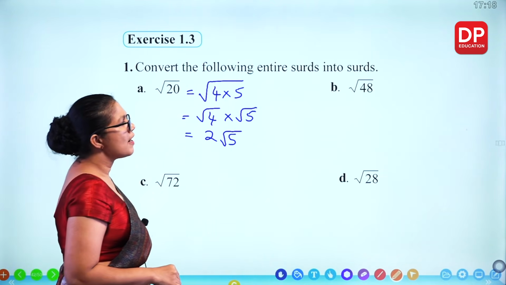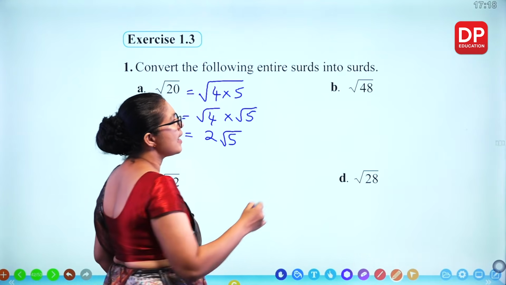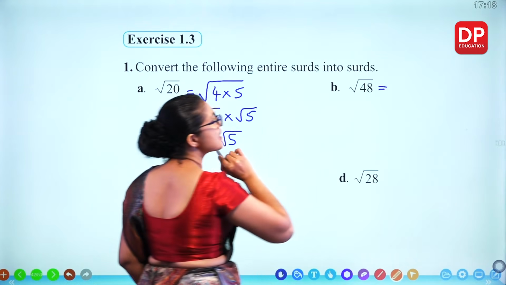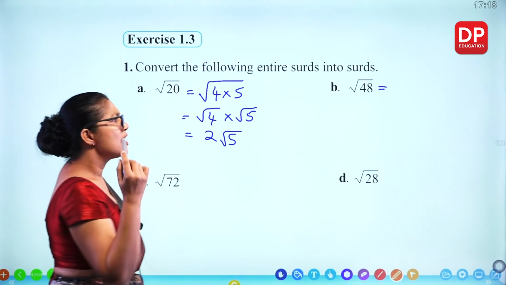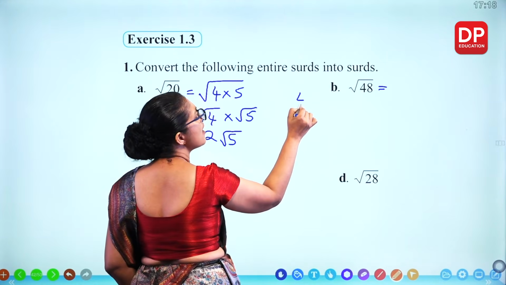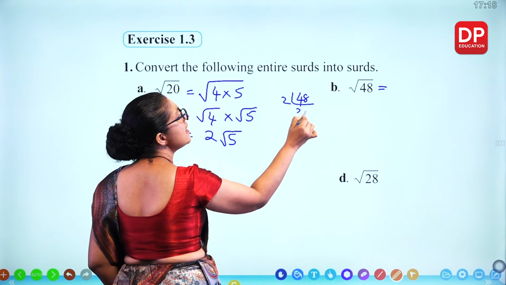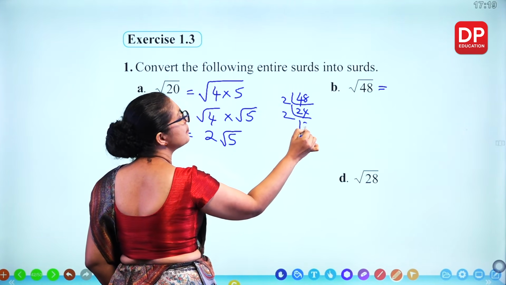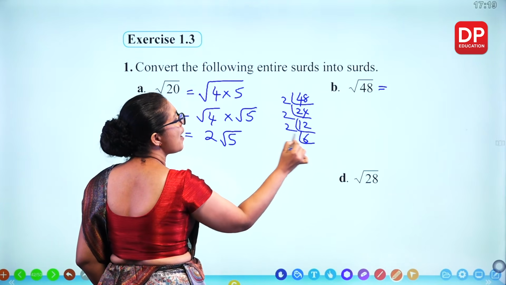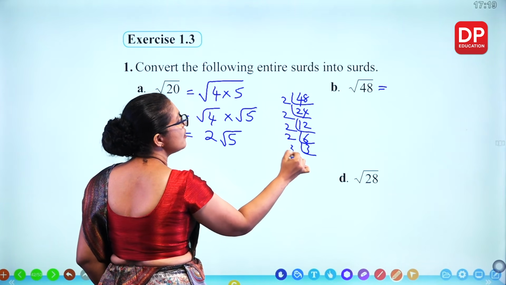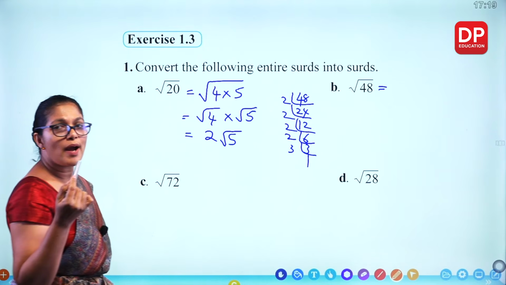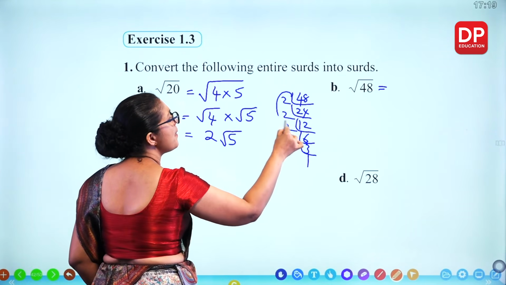What about second one? 48. How can I write 48? What's the square number? If you can't get it at once, better to divide and see. When you divide by prime numbers, you easily see what's the square number. See how many pairs are there.